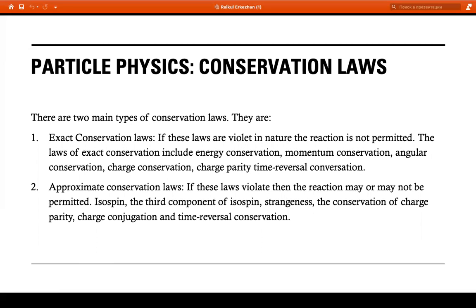The exact conservation laws include energy conservation, momentum conservation, angular momentum conservation, and charge conservation. With approximate conservation laws, the law may be violated in a reaction.